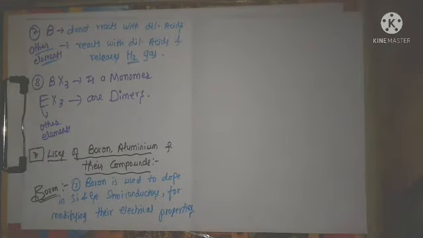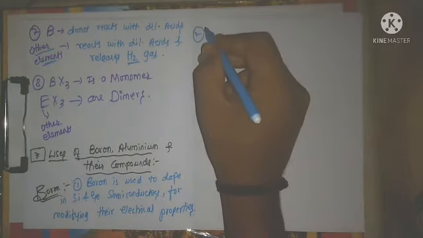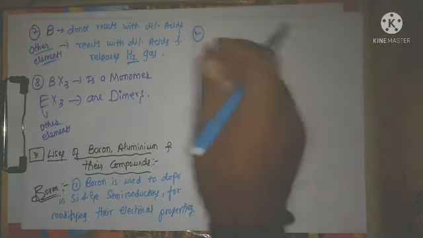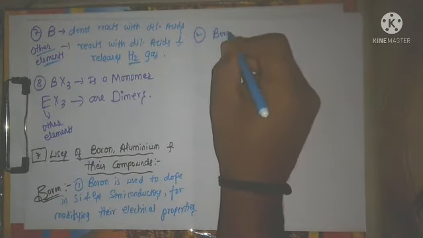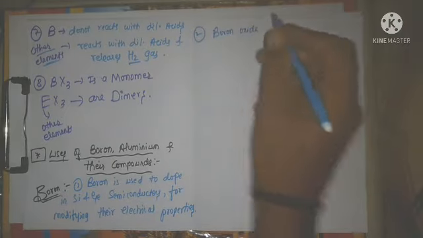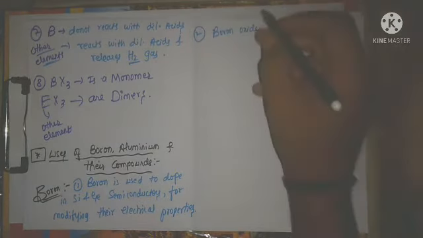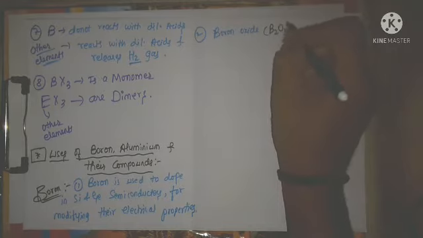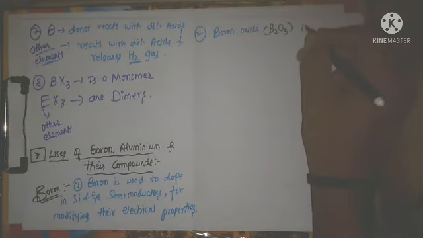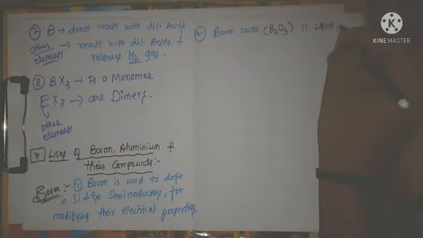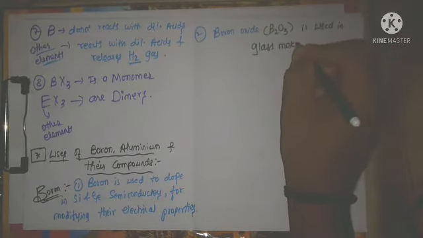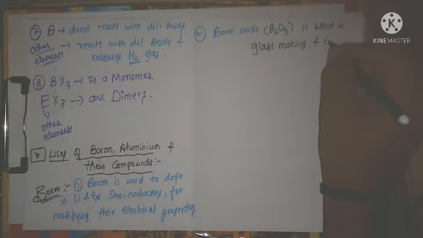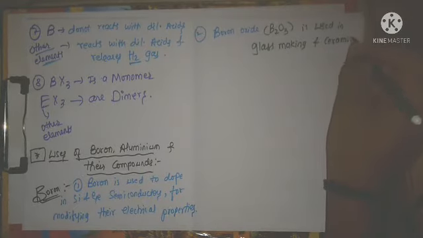Next we will go for the second use. Now the second one is boron oxide. Here boron oxide, the formula is B2O3, is used in glass making and ceramics.